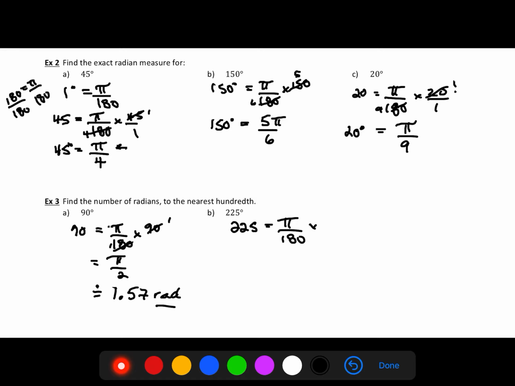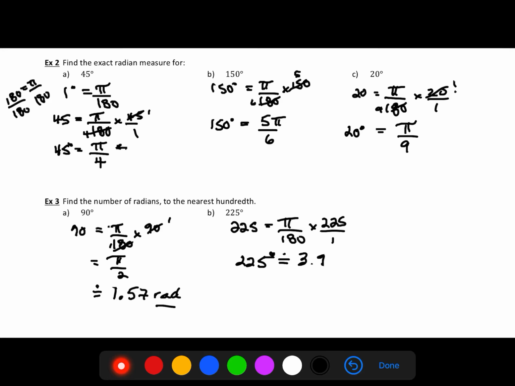225 is pi over 180 times 225. We can simplify, but we don't have to in this case. It's a harder thing to simplify than it was in the first one, so we can just put this all in our calculators. We're going to do pi, using our pi button, divided by 180 and multiplied by 225.